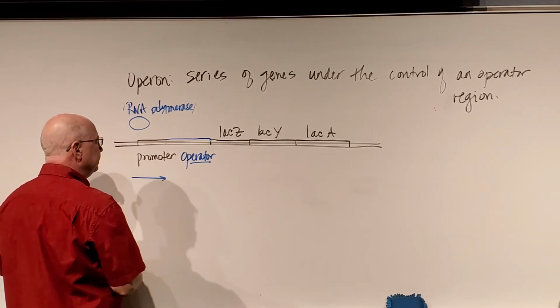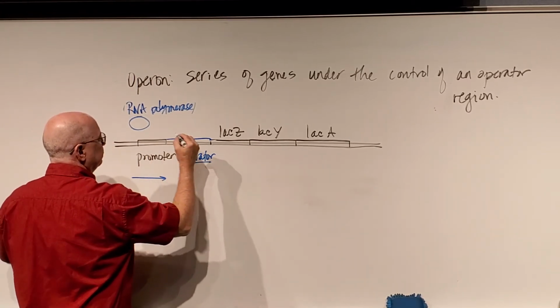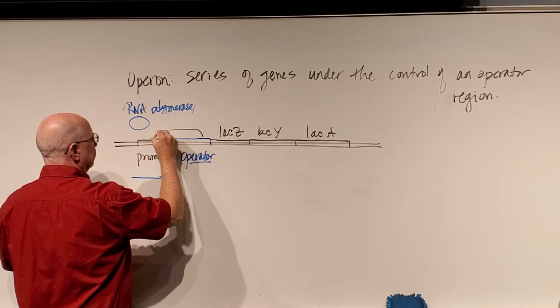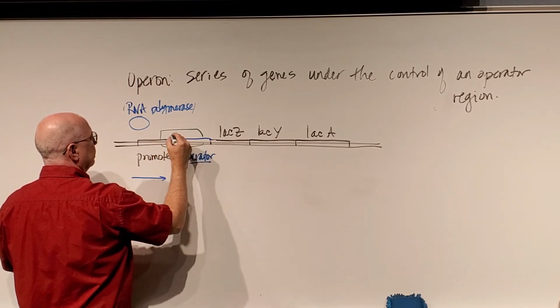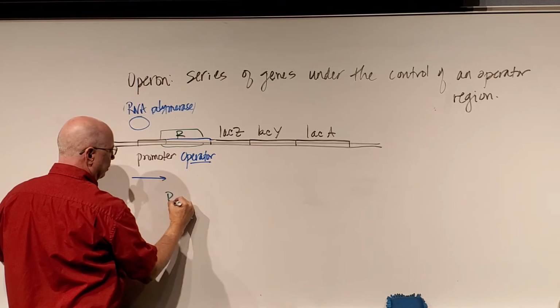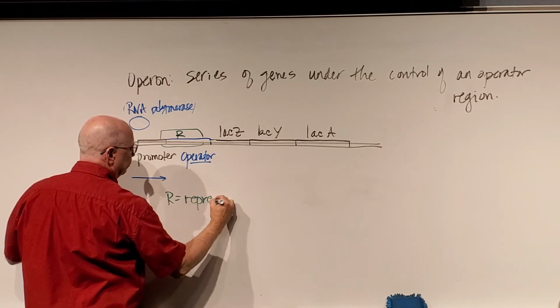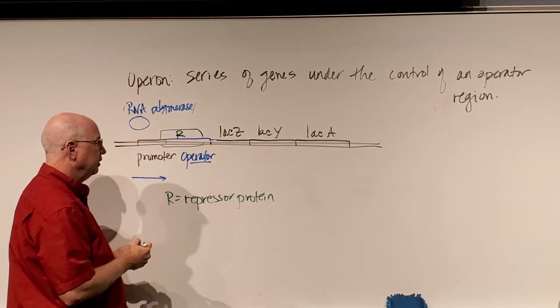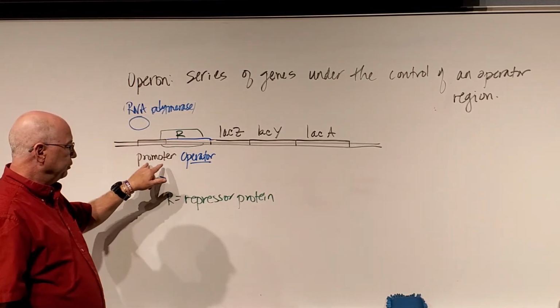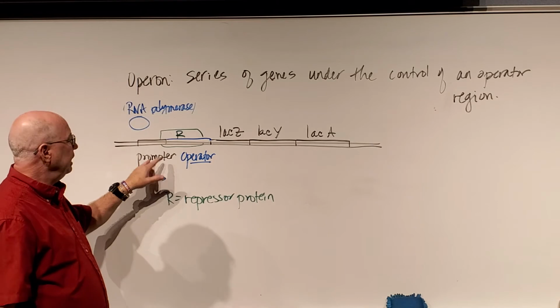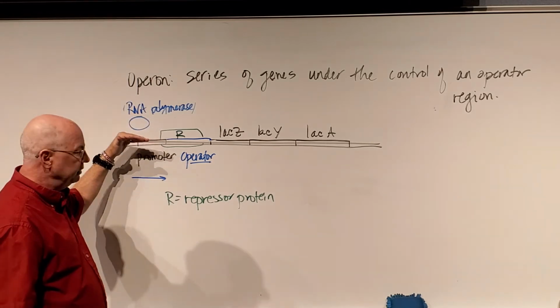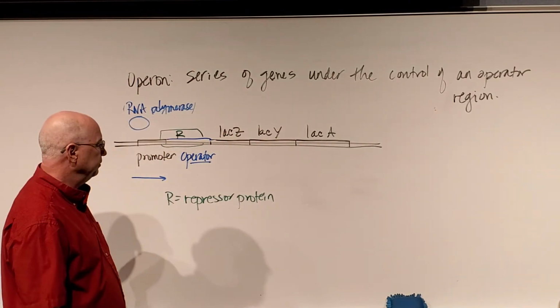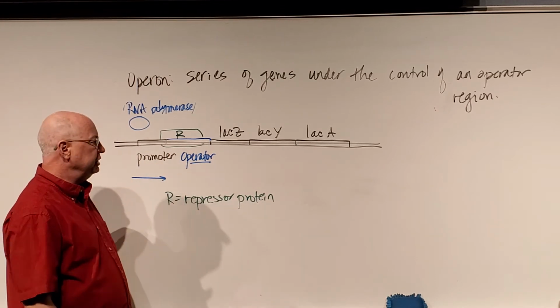But in the meantime, there's another protein that binds here and blocks it, and that R is going to stand for the repressor protein. So the promoter is the region on the DNA that tells RNA polymerase bind here and start transcribing this gene. It's upstream from the genes.